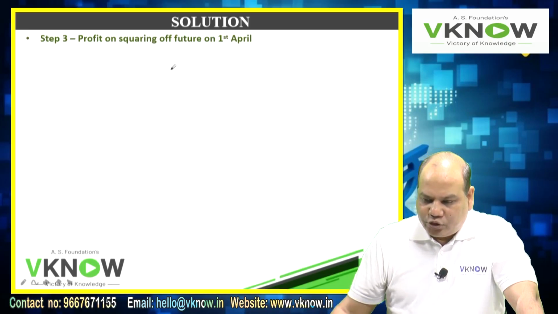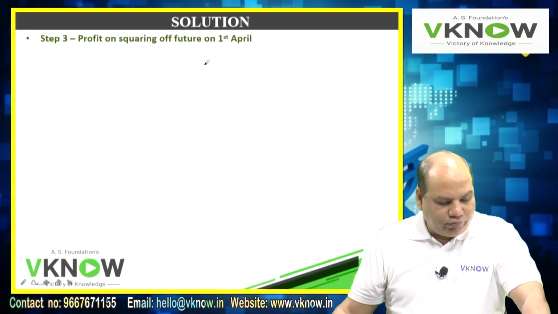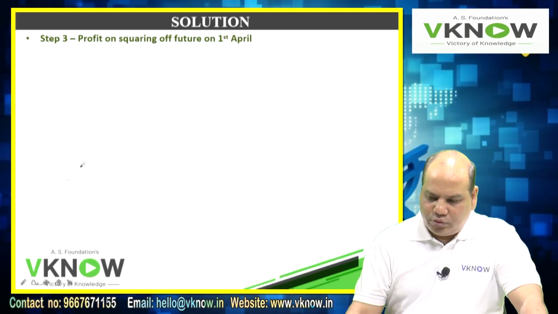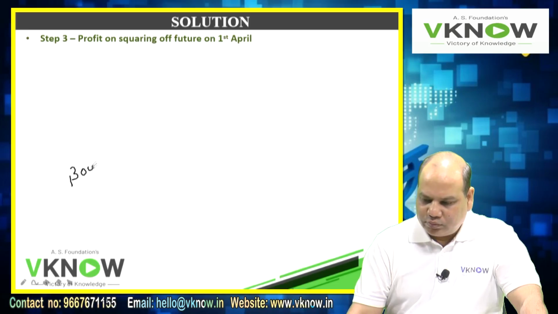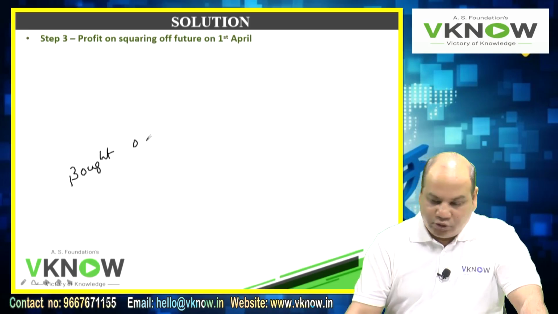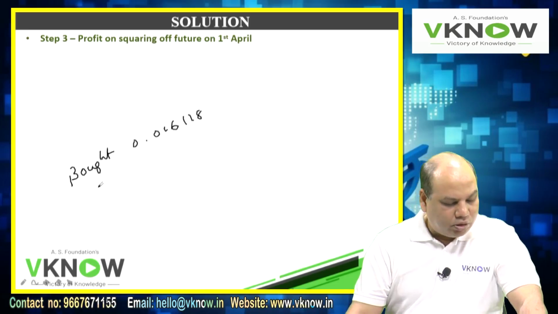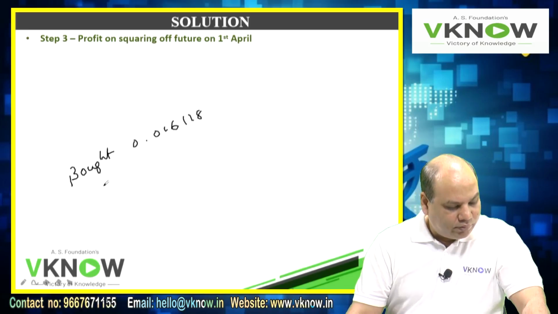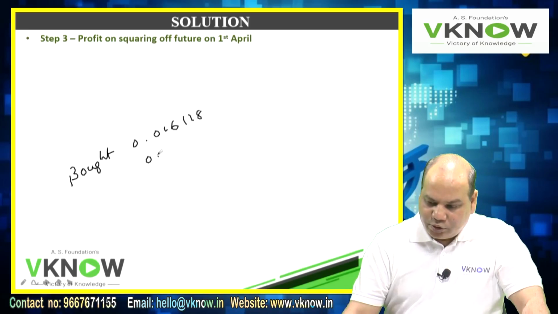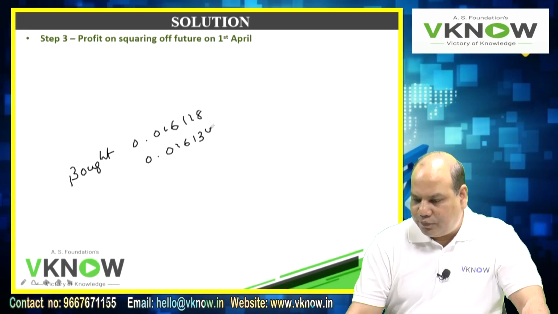So profit on squaring of future. You have bought future. First we'll discuss. These are very small numbers, so reading them also is important. And now on the 1st April, the currency future is trading at 0.016134.